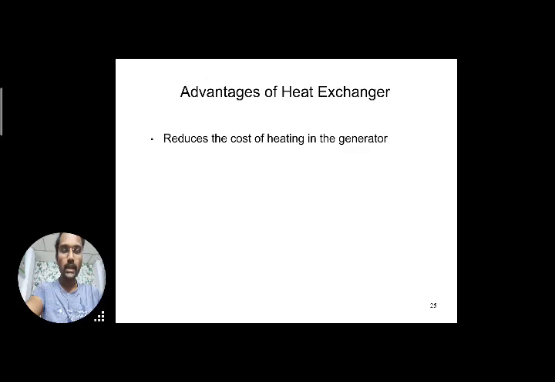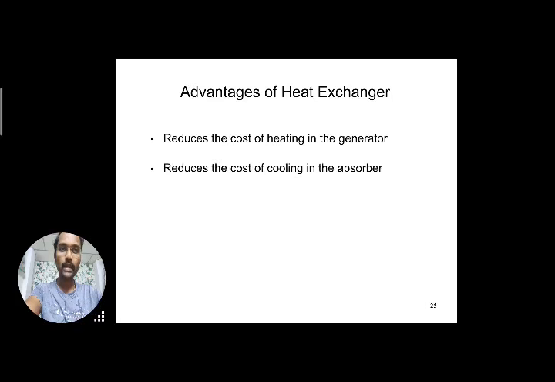If you see the advantages, when heat exchange takes place, it reduces the cost of heating in the generator, right? Very good. Primarily the solution is getting pre-heated, so the heating coils need to be used for less time. If the time is reduced, the cost of heating in the generator also reduces.